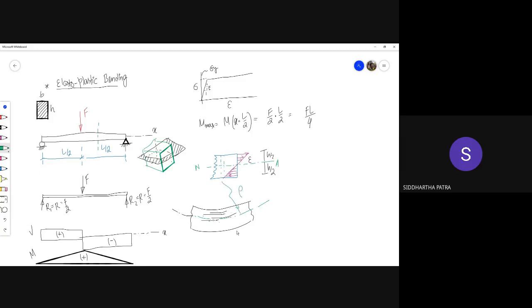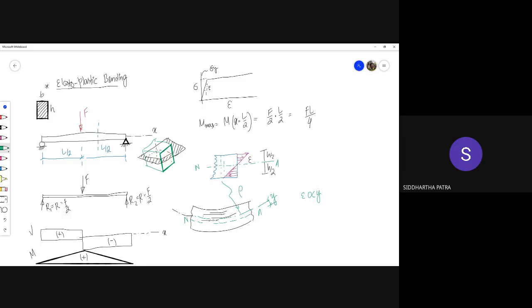At the neutral axis, the deformation is 0. But if you go below the neutral axis by a distance of y, you develop some strain, and that strain is simply proportional to y, and because of that the strain would be changing linearly across the cross section.